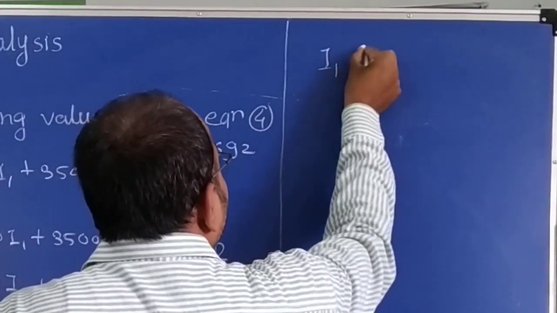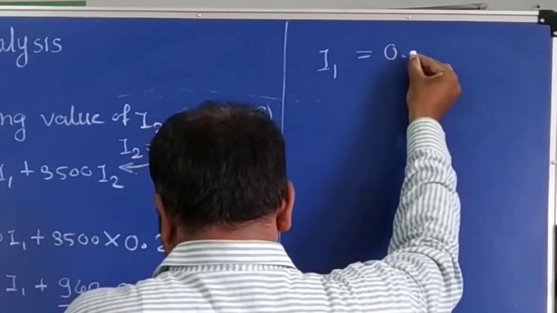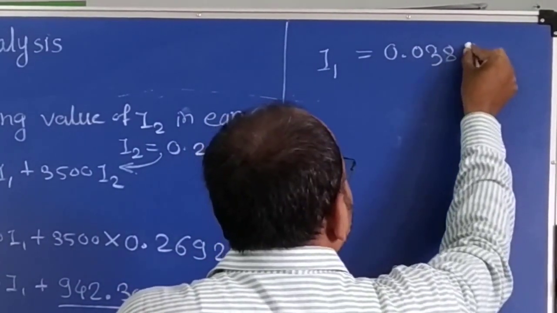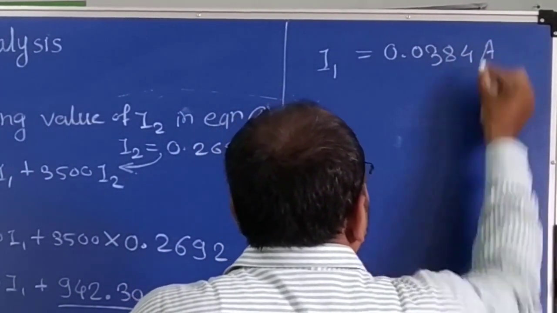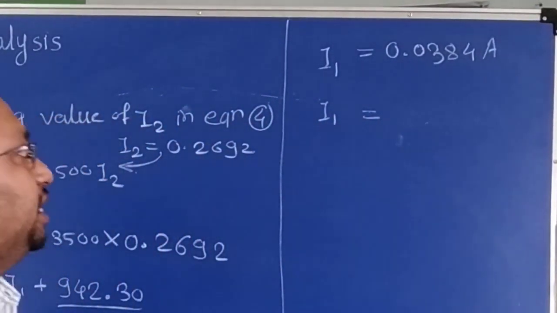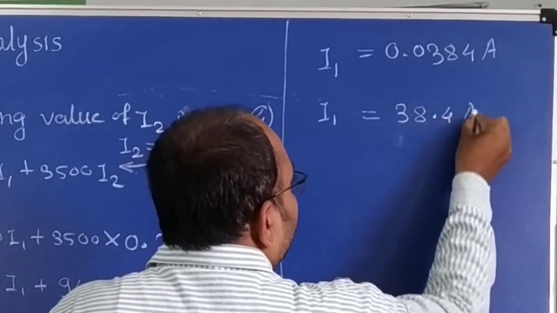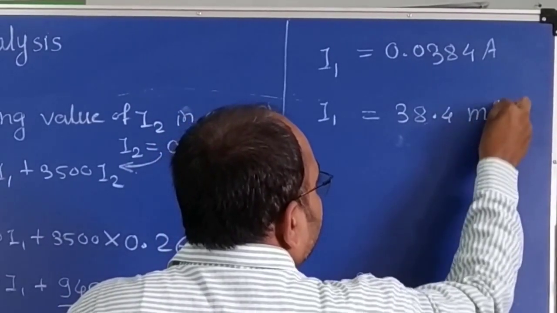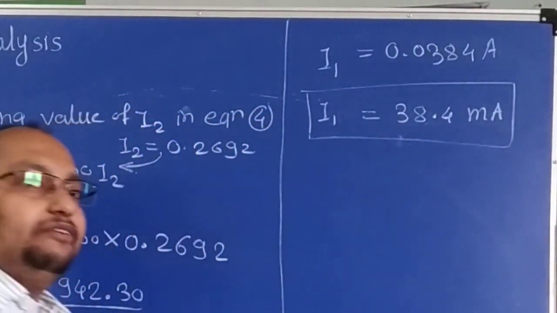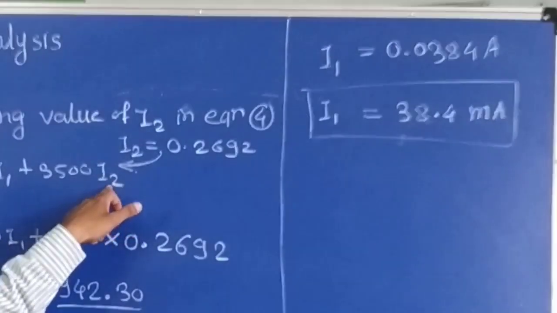So the value of I1 will be coming as 0.0384, which is the value of the I1 current, and let us convert it in terms of milliampere. Whenever we convert it in terms of milliampere, it is going to become 38.4 milliamperes. Is that fine? So this is the value of I1 that we get after putting the value of I2 in equation number 4.